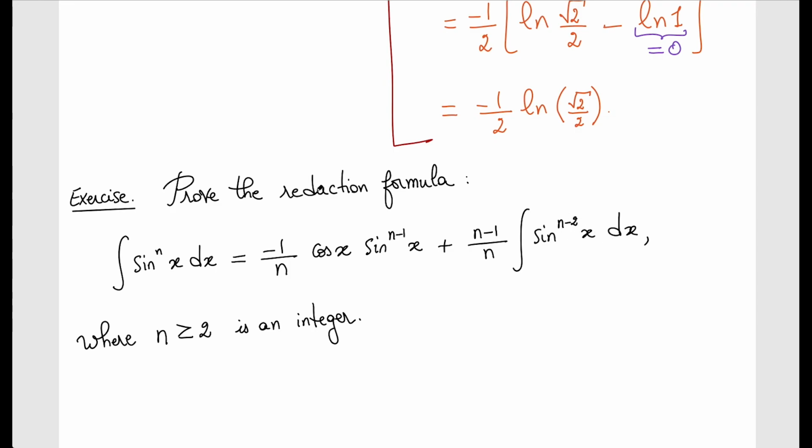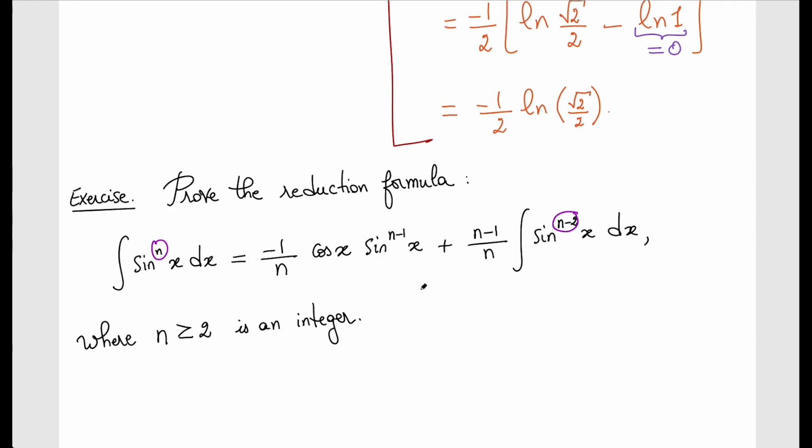So here you're doing a reduction. Instead of integrating sine to power n, you are down to primitive of sine to power n minus 2. So you reduce the power by 2, right? You chipped away 2 units from that power n. And n here is supposed to be at least 2, where n is an integer, right?